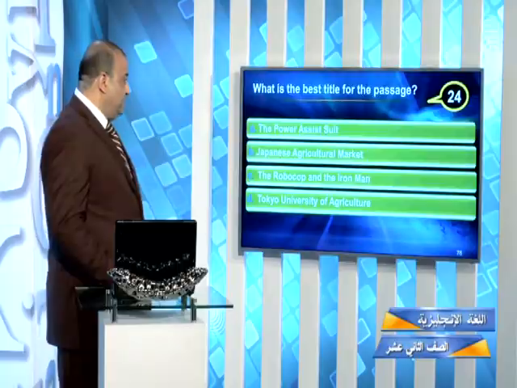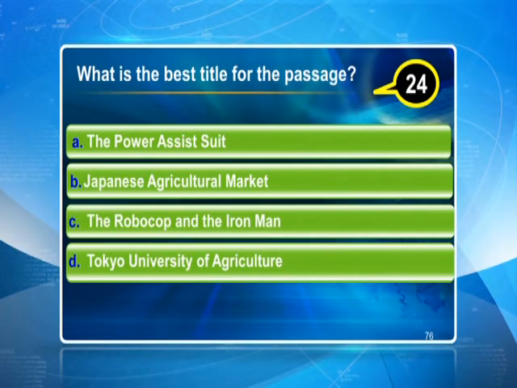Is it the power assist suit, or the Japanese agricultural market, or the Robocop and the Iron Man, or Tokyo University of Agriculture? You can remember here that all these words or phrases are mentioned in the passage, but we need only one answer. Think about it, please.